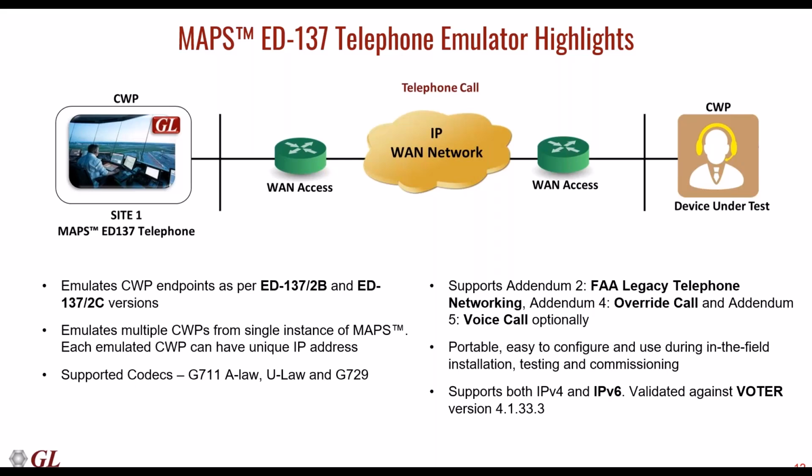These are the three additional addendums which we support as optional capabilities. Similar to radio, the telephone emulator also supports IPv4 and IPv6 addressing, and it is validated against voter version 4.1.33.3.